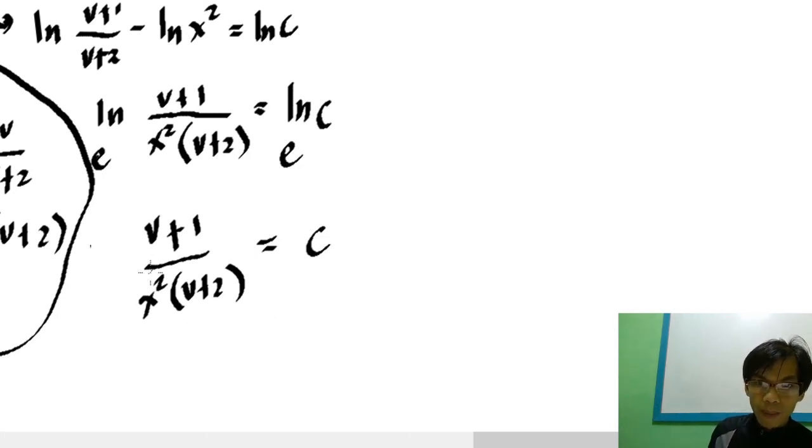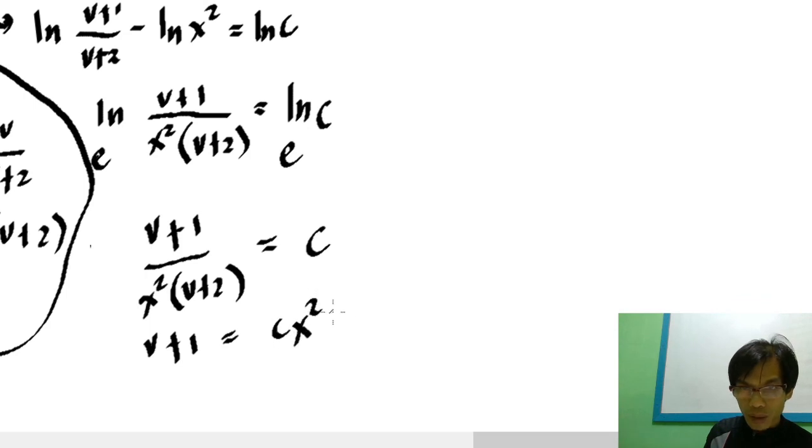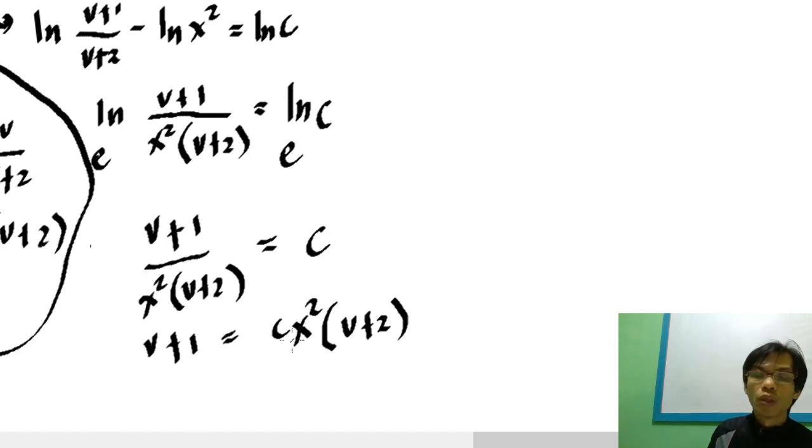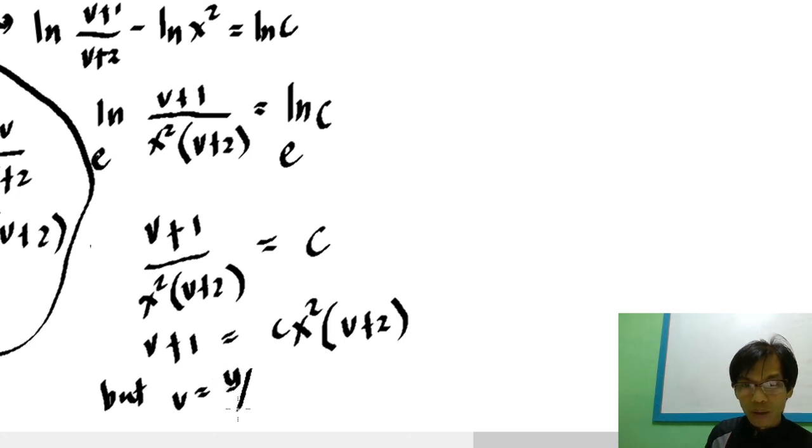Okay, so we can simplify this further into v plus 1 is equal to c x squared, and then (v plus 2). But what is our v? Our v is equal to, but v is equal to y over x.